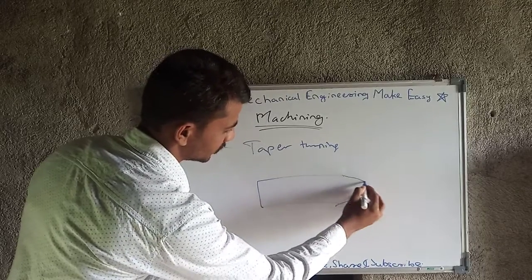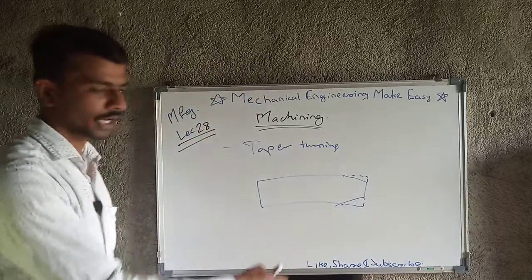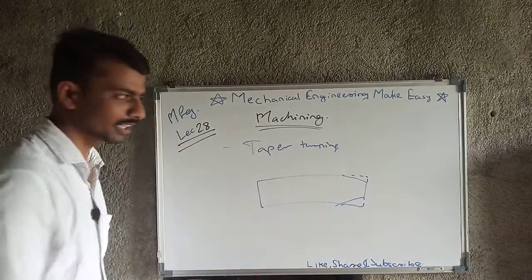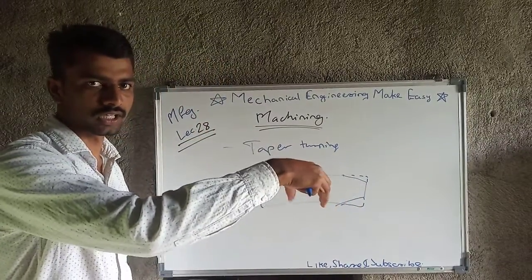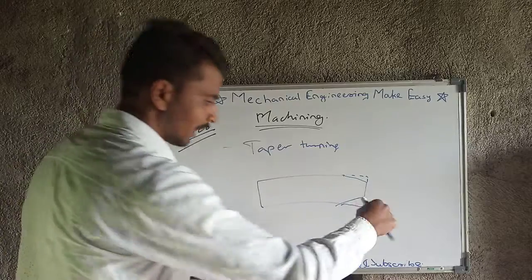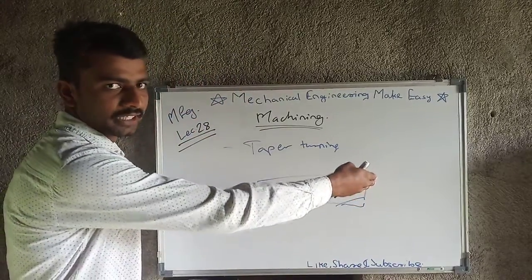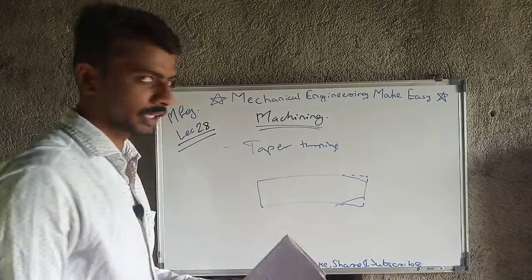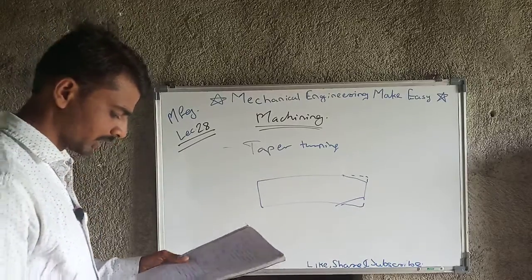So this is the final shape and this was the previous shape. For that we have to set an angle on the carriage. We turn the tool post by some angle, and with the help of that we give the feed to the tool post, and ultimately we get the taper turning. This is the basic principle of taper turning.